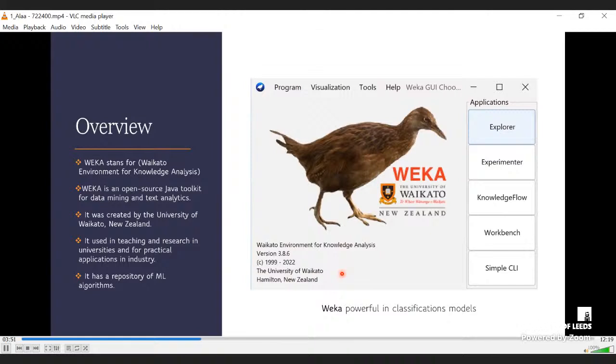It's an open source Java toolkit, so it's free to download and use for data mining and text analytics. It's widely used in universities for learning and teaching, and also for practical applications in industry, because it has many machine learning algorithms built in, and it is easy to use. It's really powerful in classification models.